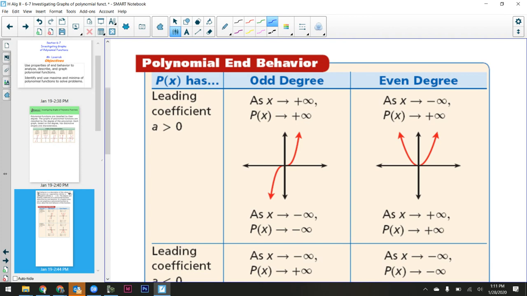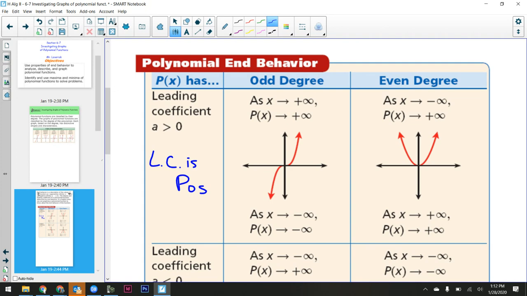What's another way to say the leading coefficient is greater than 0? That it's positive, right? So we're going to say the LC is positive. Down here, we're going to say the leading coefficient is negative. All right, I'll give you a minute to write that down. Again, this is the top half of the table.